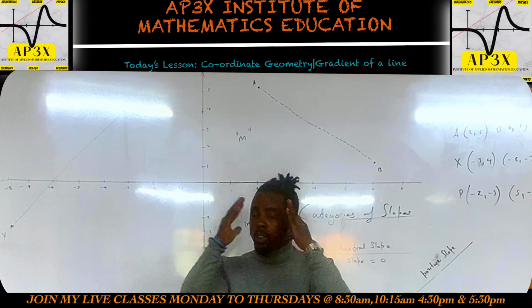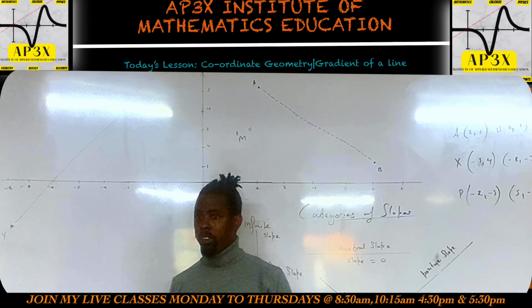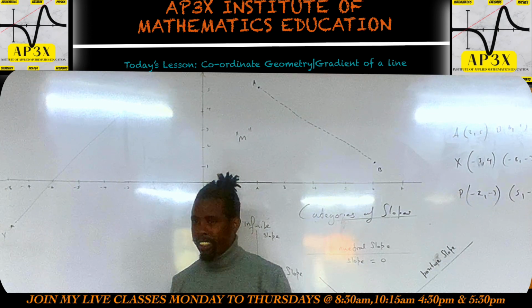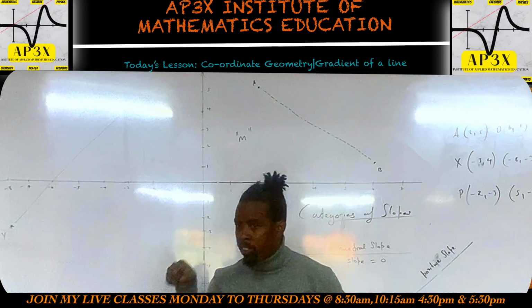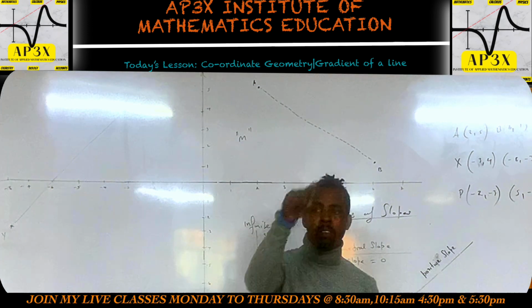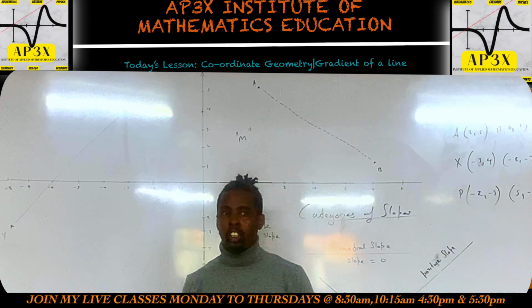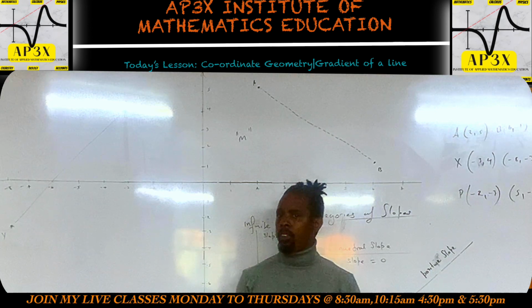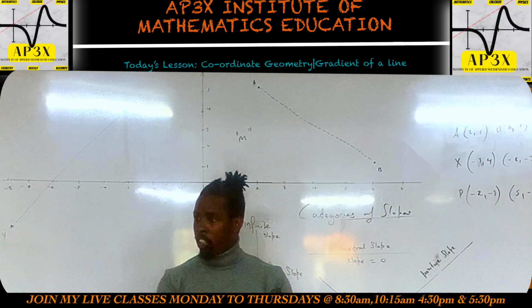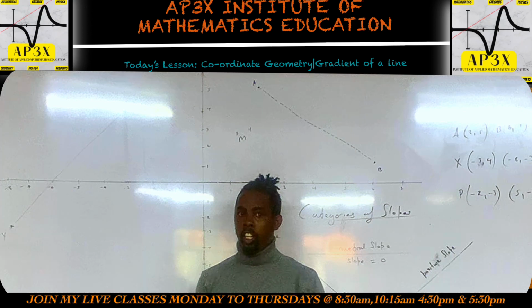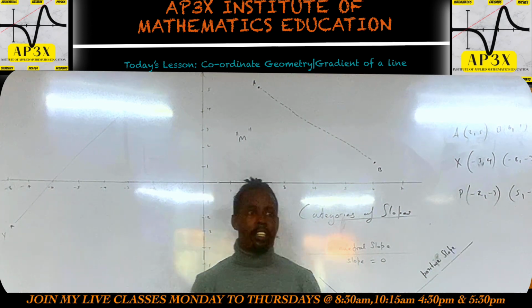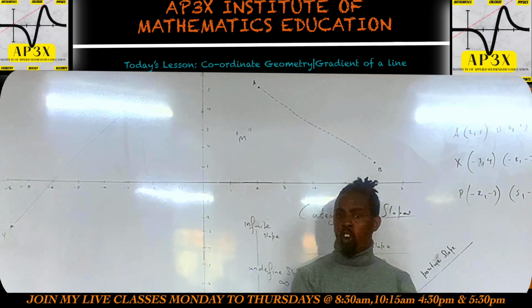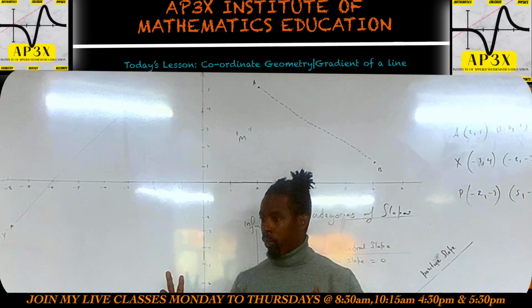And if you don't really like the graphical method because you don't really get it, then you want to use the formula, which forces you to read off the points, write them down, plug them into the formula and work it out. So yes, you have an option in terms of preference, but it depends on the question. Sometimes it makes more sense to use the graphical method, and sometimes the formula method. So we're going to be looking at both.